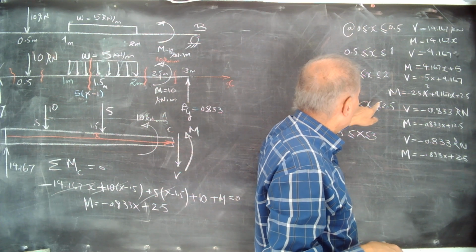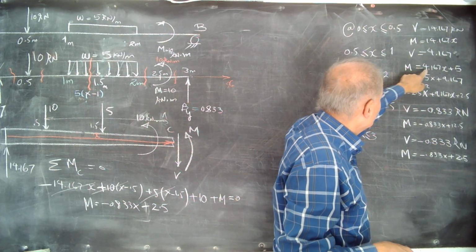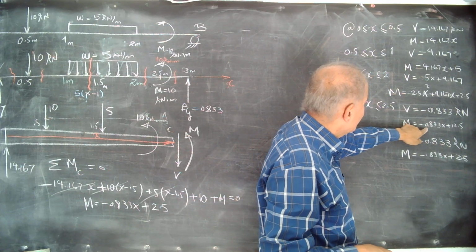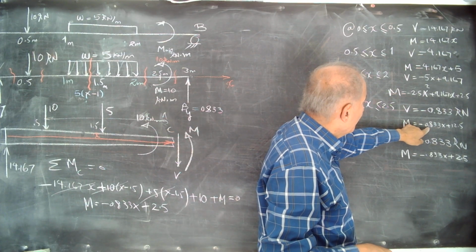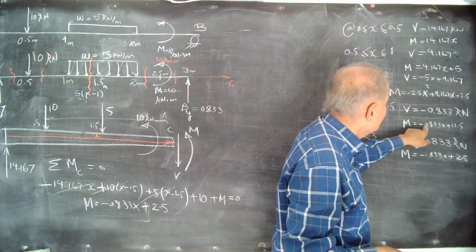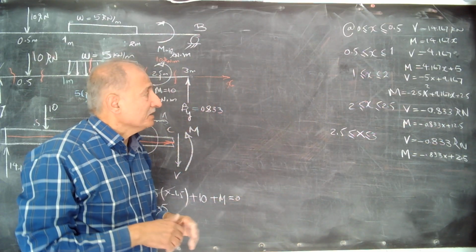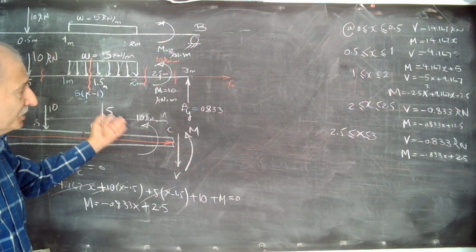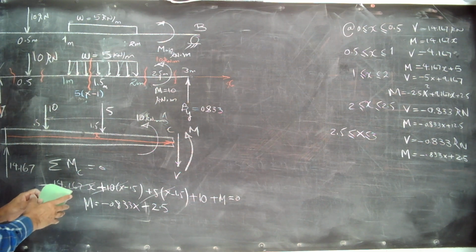And here is M at 2, and M at 2 here is this one. Then this multiplied by 2 plus, which is negative, plus 12.5, which reaches that value again. Okay, then everything is ready to draw the bending moment and shear force diagram.